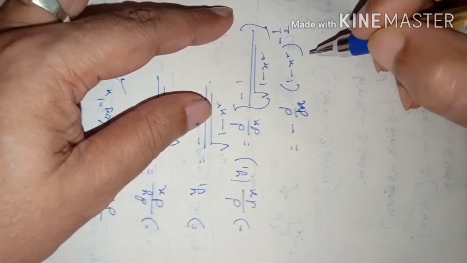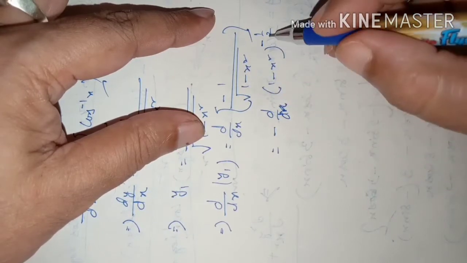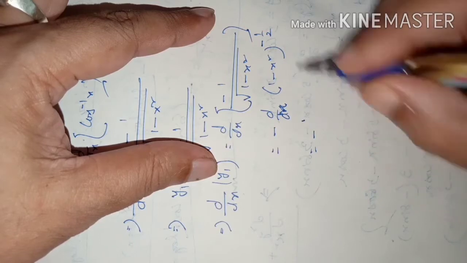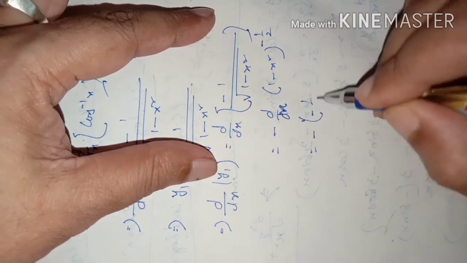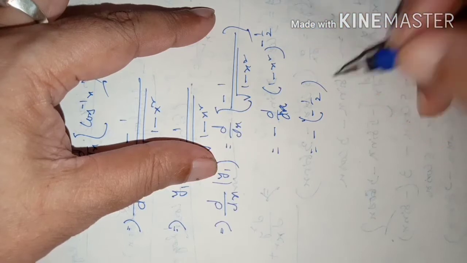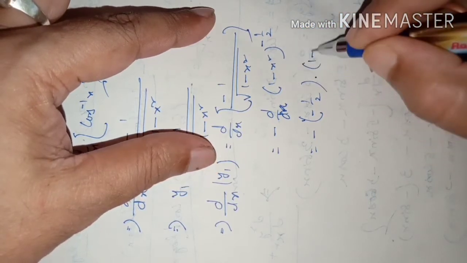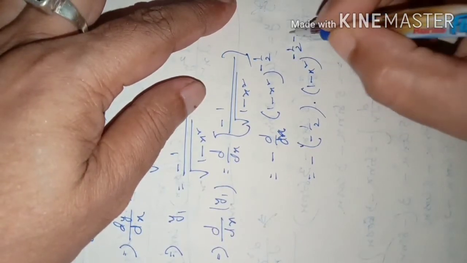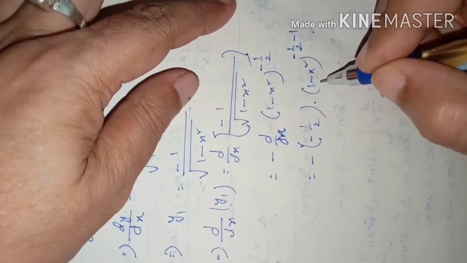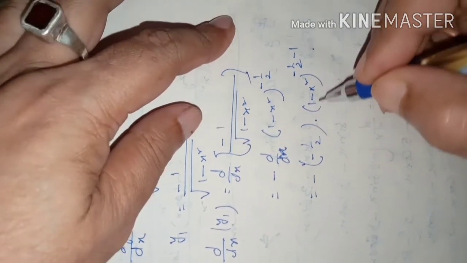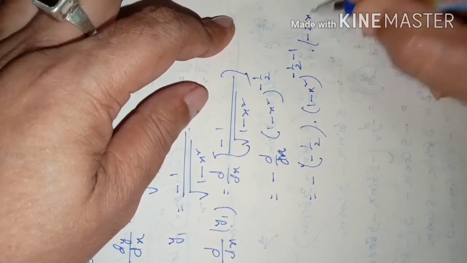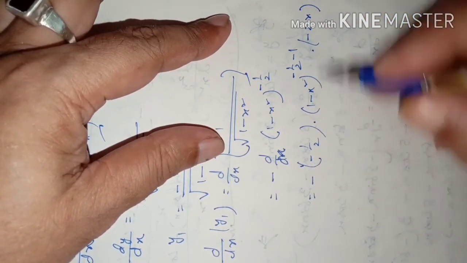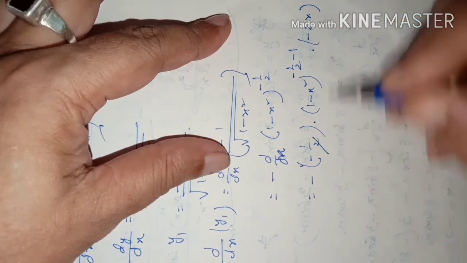By the x to the power n law, it will be minus, minus half into 1 minus x square whole to the power of minus half minus 1, into d/dx of 1 minus x square. d/dx of 1 minus x square will be minus twice x. The minus and minus make plus, one minus will remain, and then this 2 will get cancelled with this 2.